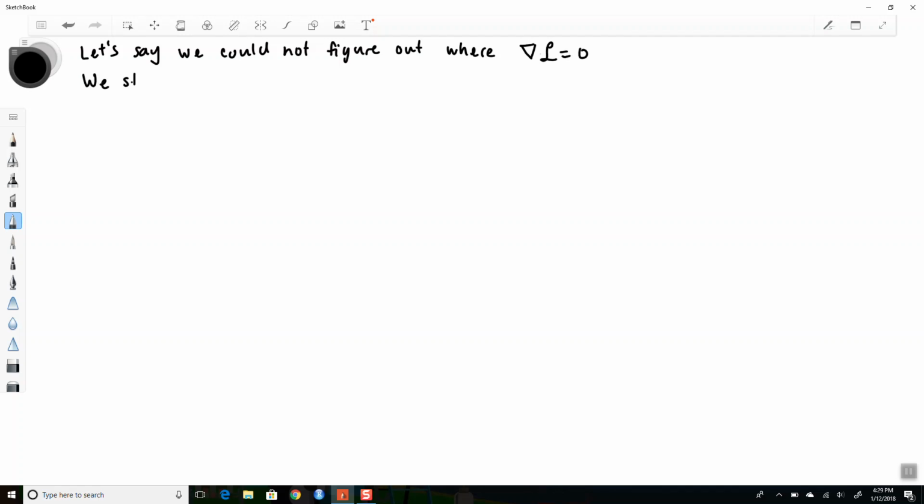We still want to minimize the function, okay? Well, we have a tool, basically an algorithm, that should help us find at least a local minimum.